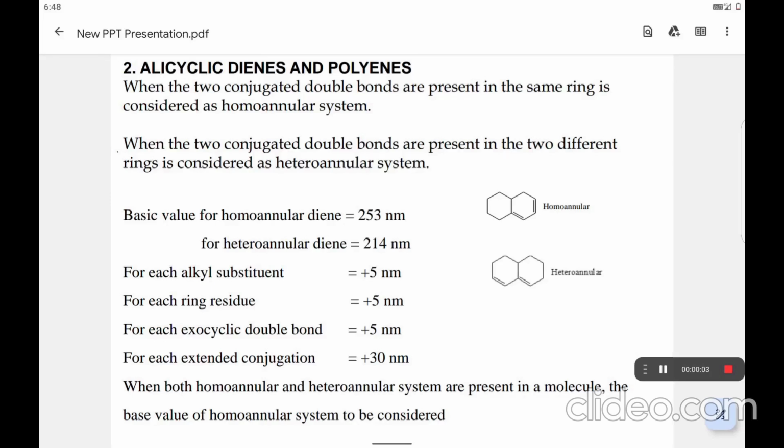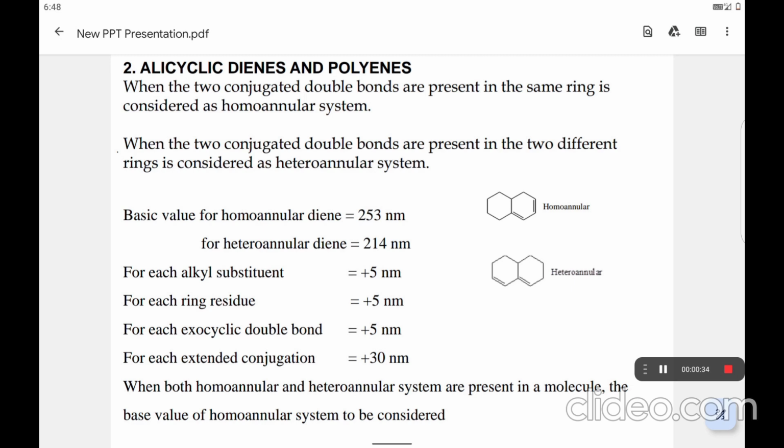Similarly, for the alicyclic compounds as well as polyenes, Woodward gave some empirical rules to calculate the lambda maximum. Basically, alicyclic dienes are nothing but a 1,3-butadiene structure present in a cyclic ring. If the 1,3-butadiene is present in a single 6-membered ring, we call the situation homoannular.